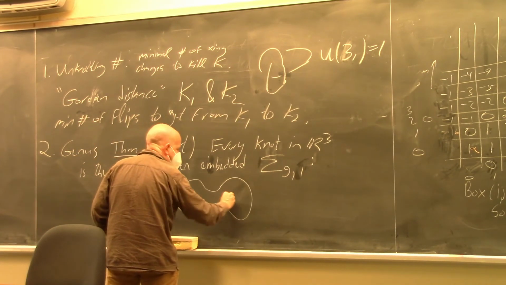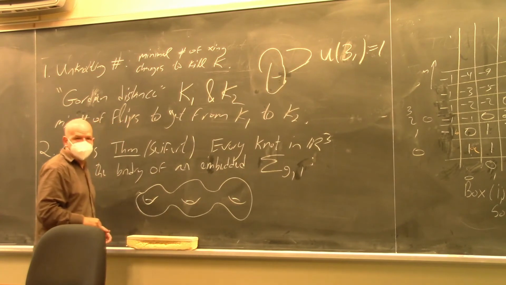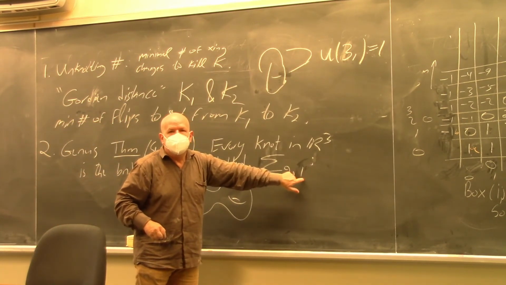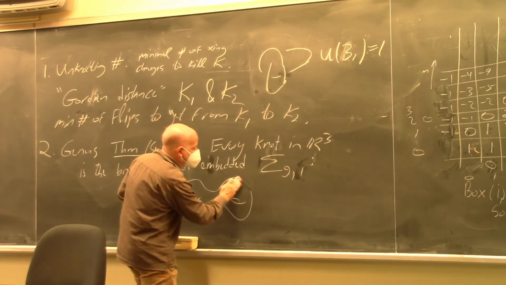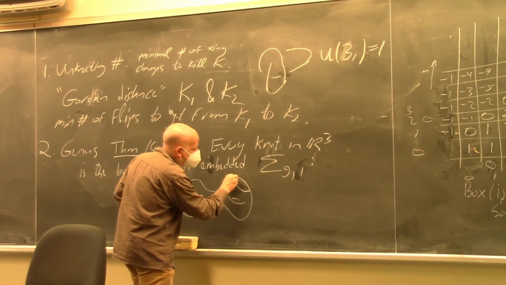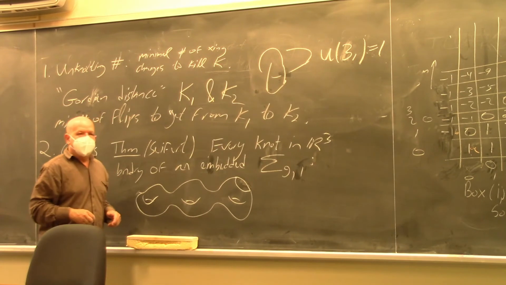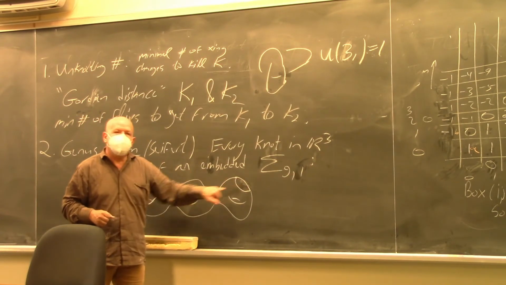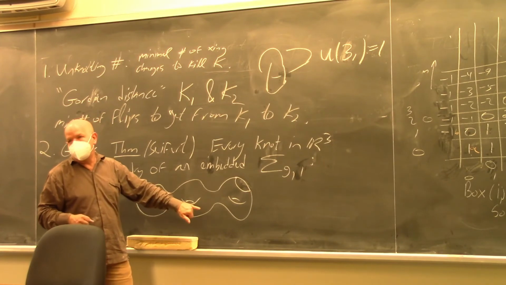Here is a surface of genus 3 with one boundary component put artificially. So you cut open and put here a circle. I've shown you that the unknot is the boundary of a genus g surface.